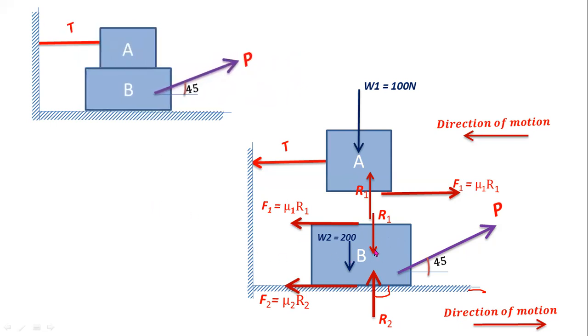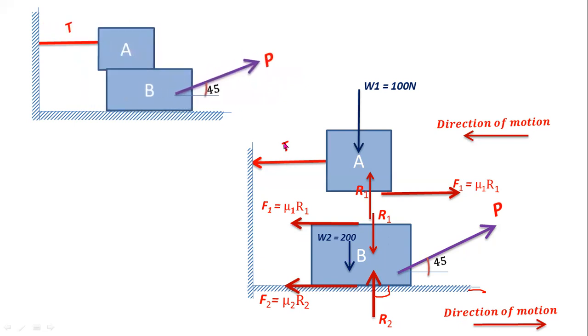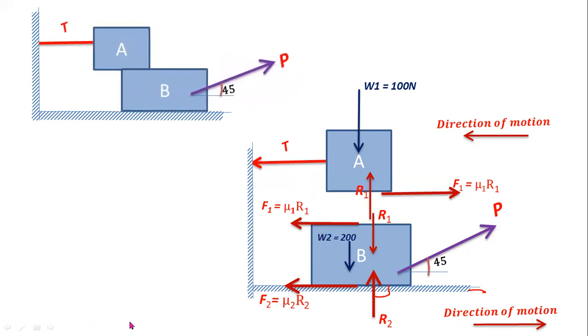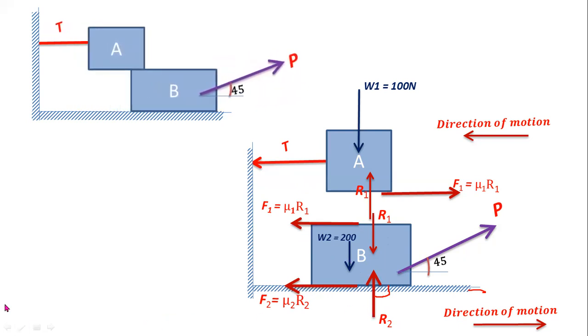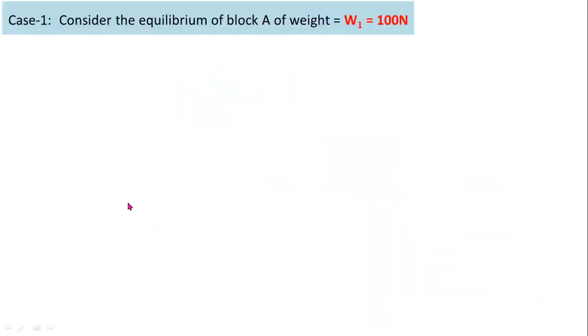Now you have to consider free body diagram of block A to determine the value of tension T in the string. After that, you have to consider free body diagram for block B for determining the value of P. In case one, you have to consider equilibrium of block A of weight W equal to 100 Newton.